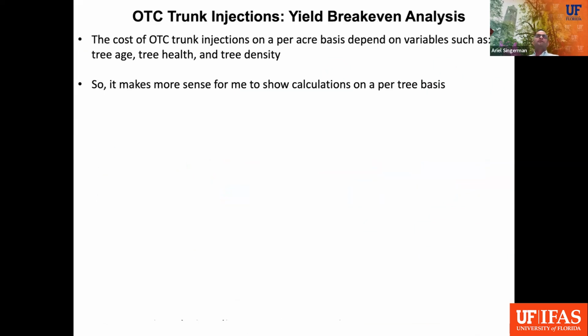Now, the cost of OTC trunk injections on a per acre basis depends on variables such as the age of the trees, the health of the trees, and the tree density. So it makes more sense for me to show the calculations on a per tree basis, because it would be impossible for me to try to represent what an average grove looks like.